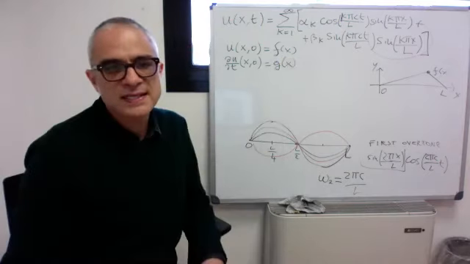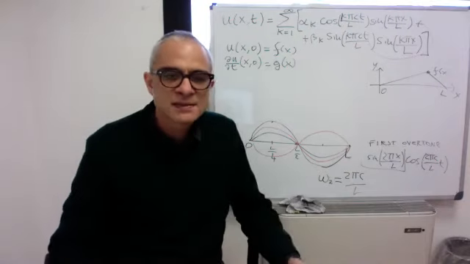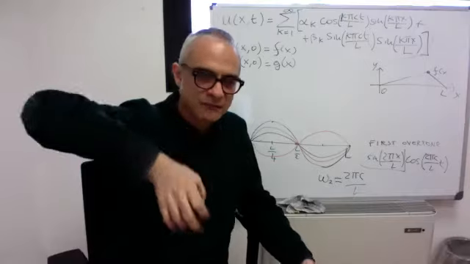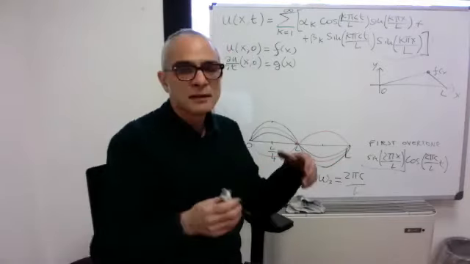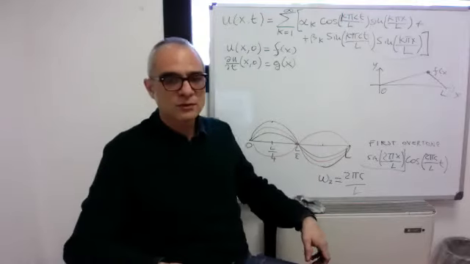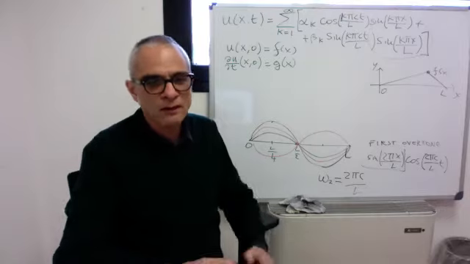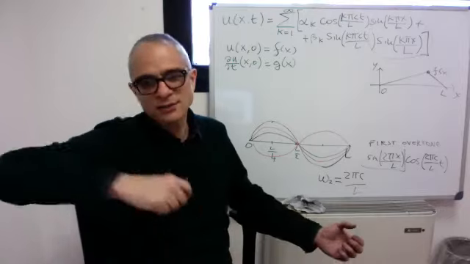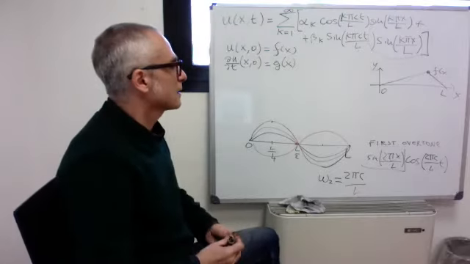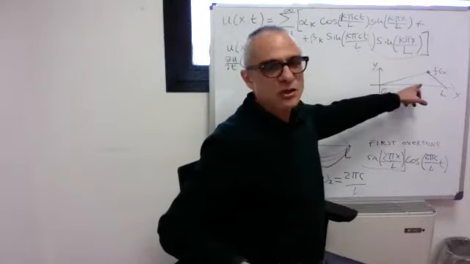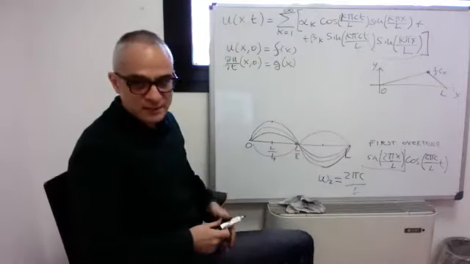And then as a first example, we can decide that the initial velocity is 0. That's something that you can easily do by yourself. You take your guitar, pull it at a given point, and let it go. Don't pull too hard or you'll break it. And plus, you know that all this theory works for small deformation, so what I mean is that this is not to scale. We're always talking about very small deformation, otherwise the theory doesn't work.